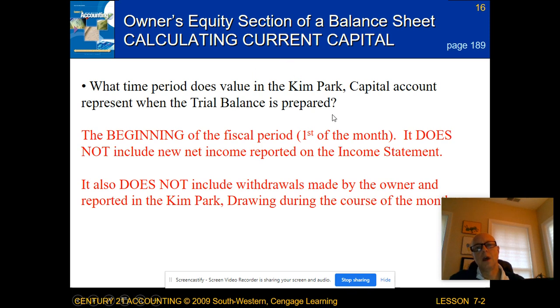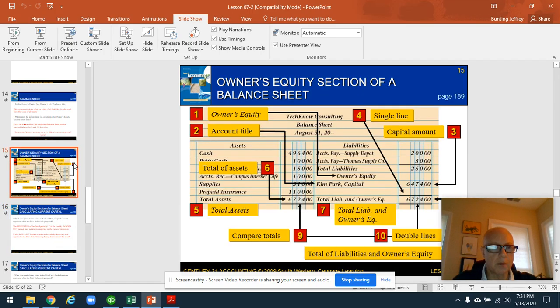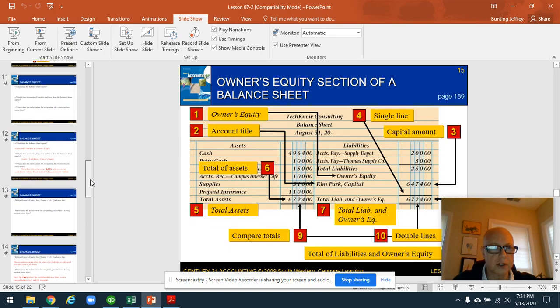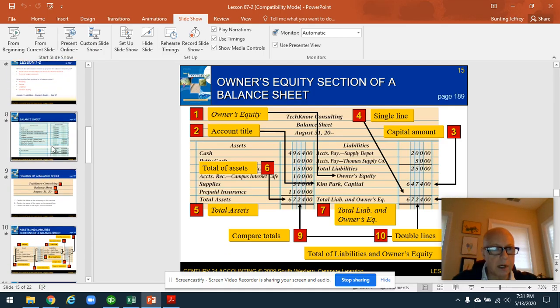All right. So what time period does the value in the Kim Park capital account represent when we do the trial balance? Okay, we start at 5,000. I'm going to go back up here just for the sake of demonstration. All righty, where are we? Right here.